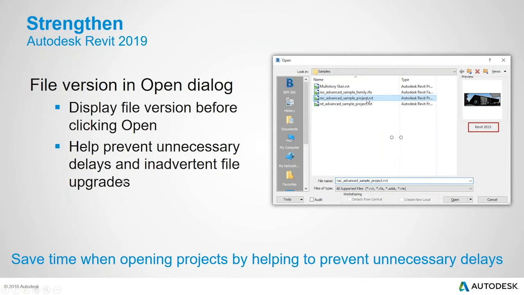Great for anybody who has to maintain older files, or better yet, if a novice Revit user opens up a file that was created in a previous version, and now what's happening is they've actually upgraded the model to a newer version and saved it, which then means we'd have to go back to a backup. So let me just give you a quick little demonstration on how that works.